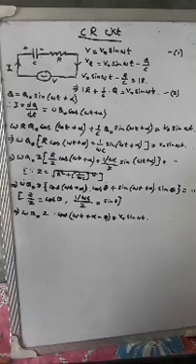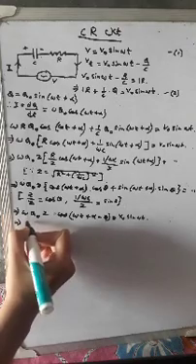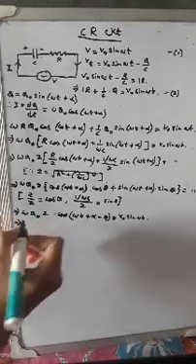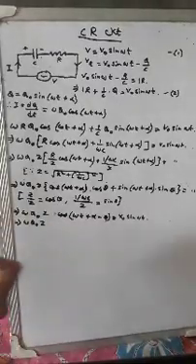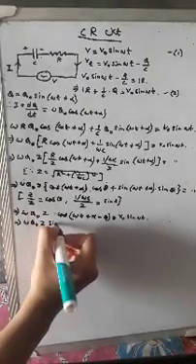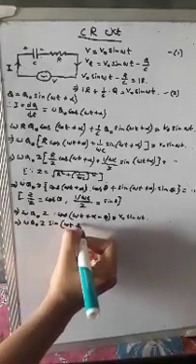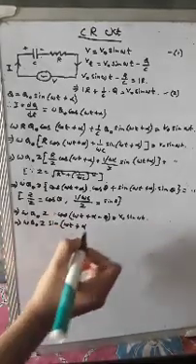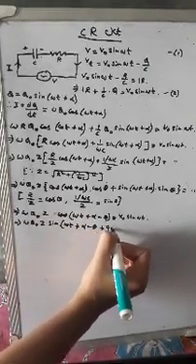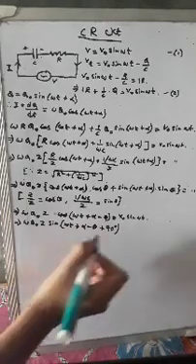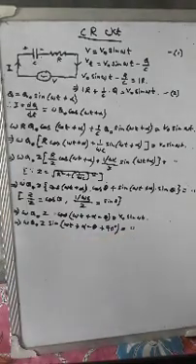So next, let's see how I can write it. Equals omega q naught Z sin.